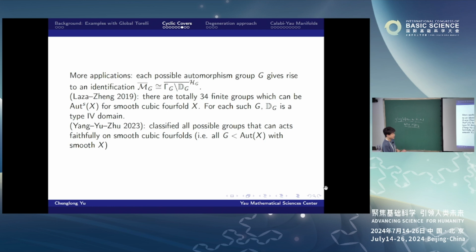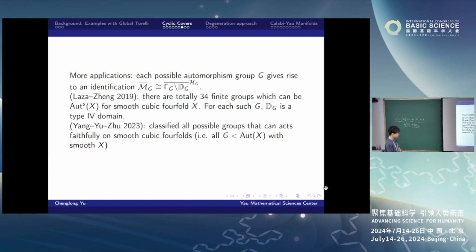So symplectic means the action on H^{3,1} is identity. So in this case, all these period domains are type 4 domains. And later, Yang, Yu, and Zhu classified all the finite groups that possibly can act faithfully on cubic fourfolds.